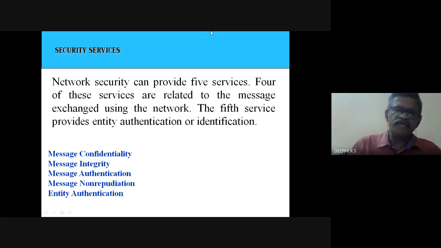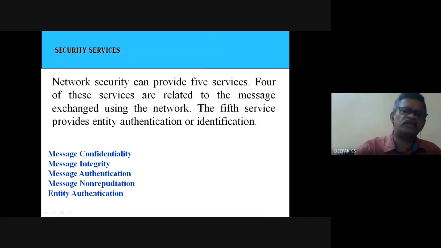Now we are going to the security services. So, network security is to be provided at the network layer. It is to be provided at the transport layer. It is to be provided at the application layer. So what are the services which network security provides?